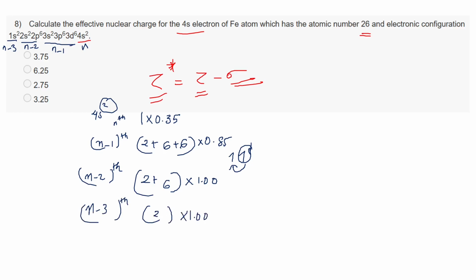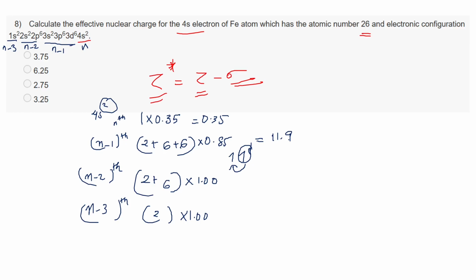So let me calculate. This is 0.35, this is 2 plus 6 plus 6, 14 into 0.85, which is 11.9.